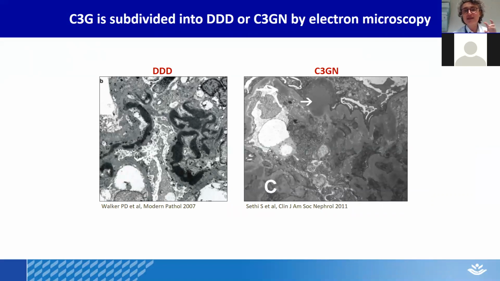So if you look at the kidneys at a higher magnification on the biopsy, you can distinguish within C3 glomerulopathy between dense deposit disease, which is the original lesion that we knew about even before, and that you can see here on the left-hand side, or C3GN, where, as you can see, the deposits here with the white arrow are less intensely dark gray, and they can be puffy and round, forming so-called humps, and they're more on the subepithelial side of the GBM.